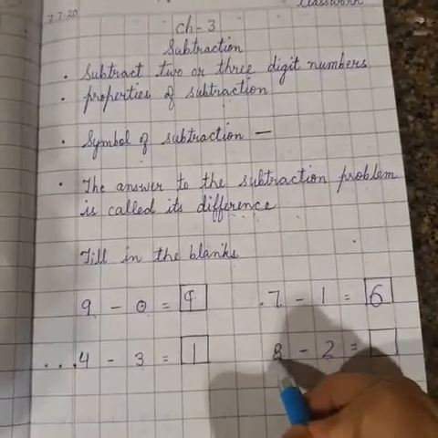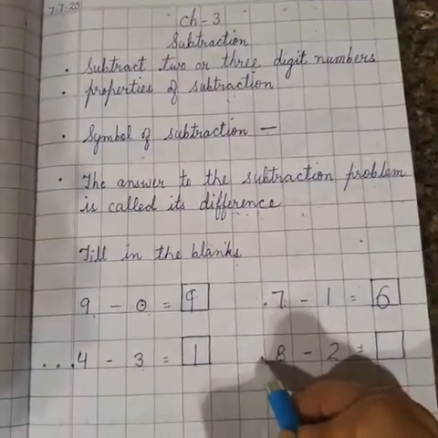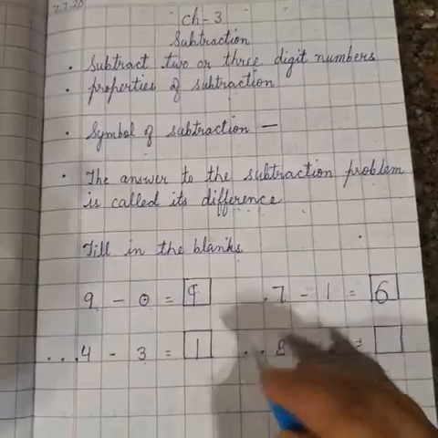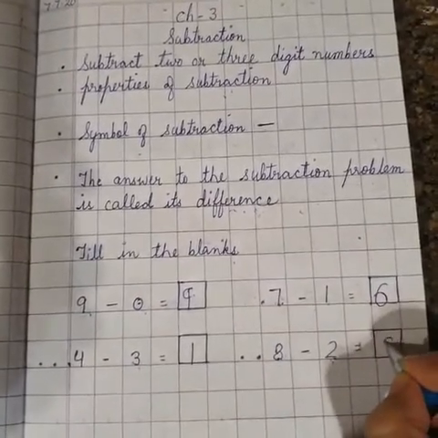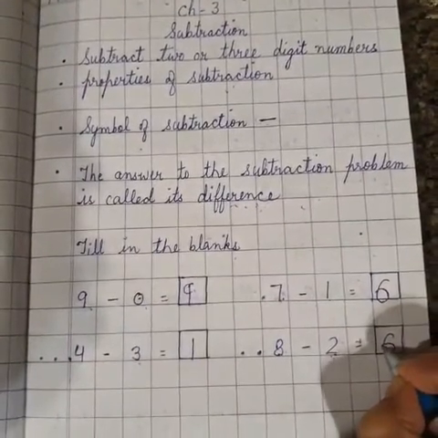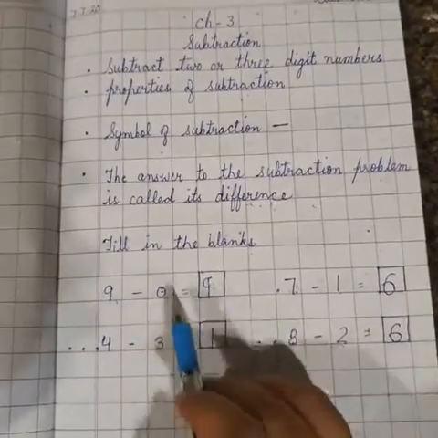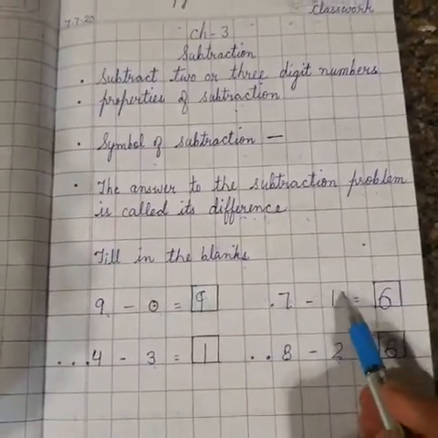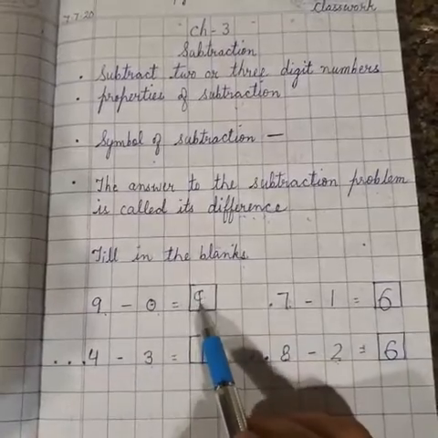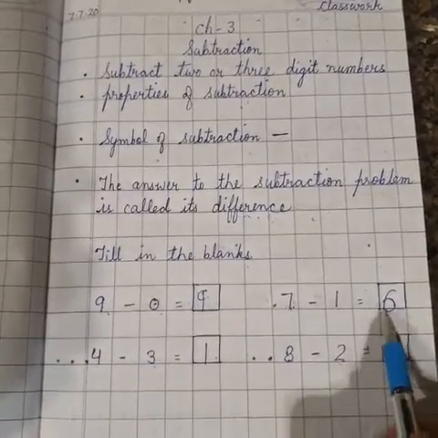So we move 2 steps backward, 7 and 6. So the answer will be 6. While writing the digits in the box, remember the digits should touch the bottom line as you have seen here.